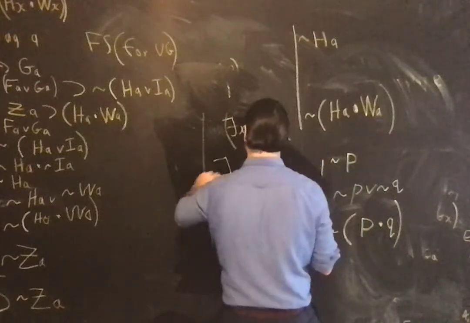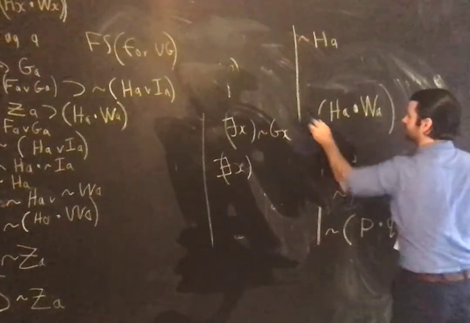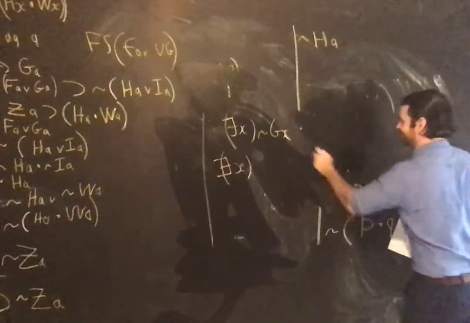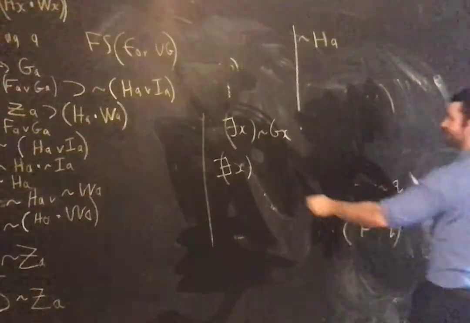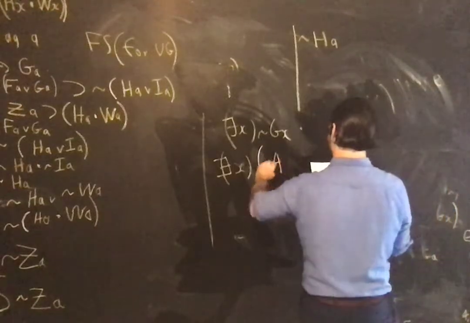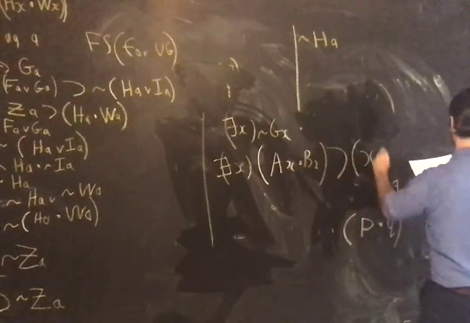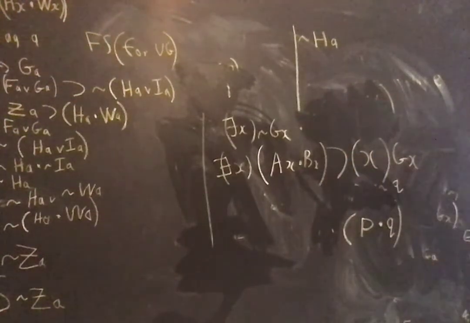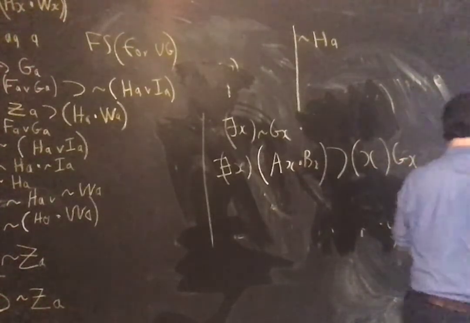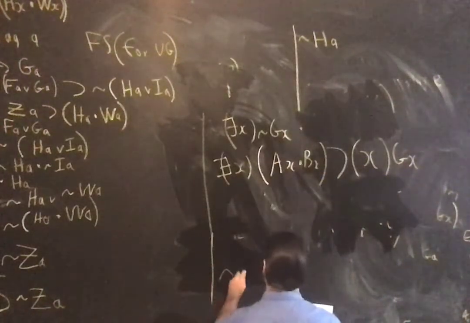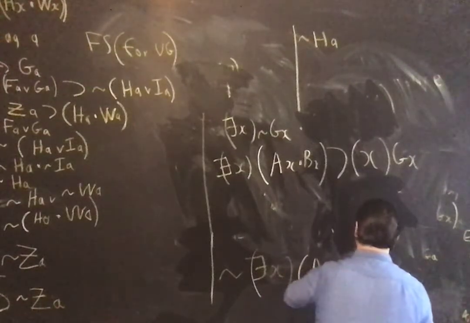Premise 2: if for all x, Gx, then there exists an x such that Ax and Bx. Try to derive: it is not the case that there exists an x such that Ax and Bx.